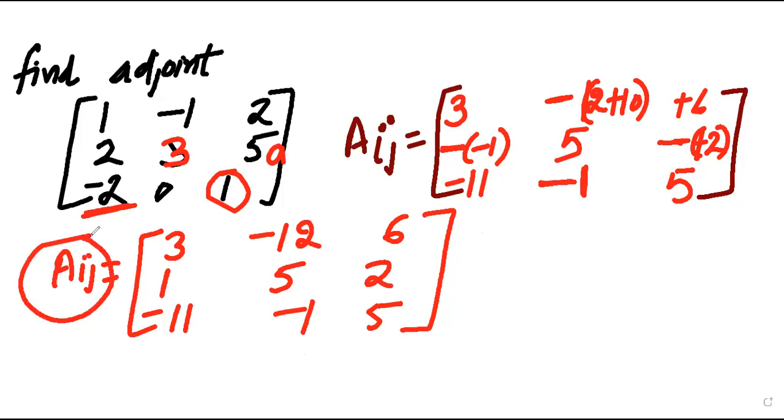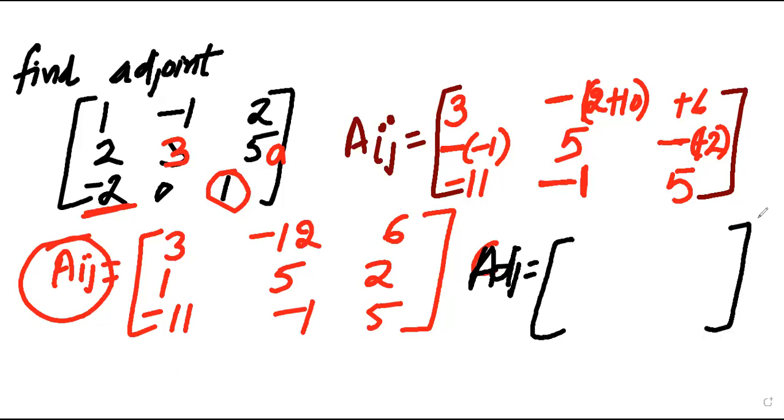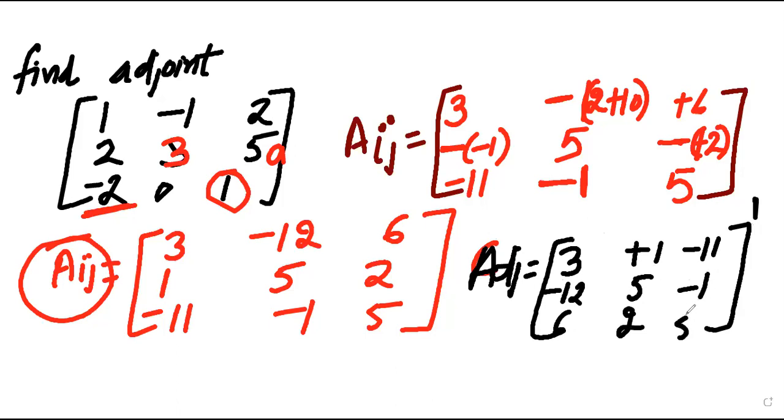So now this is the cofactor. Okay, you have the cofactor. Now how to find the adjoint? Adjoint means take the transpose of these cofactors. Whatever cofactors there are, we take their transpose. So it is here 3, minus 12, 6, here 1, 5, 2, minus 11, minus 1, and 5.